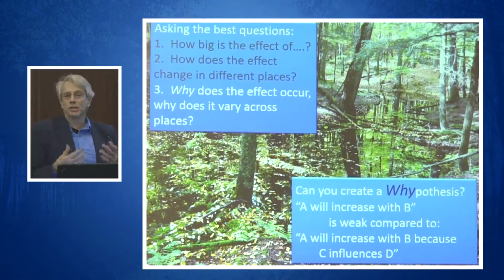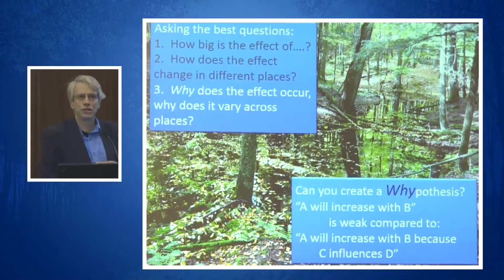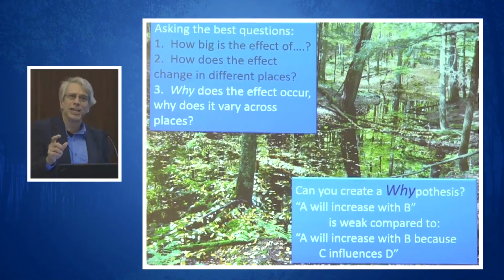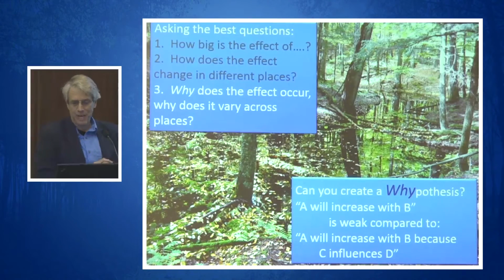So something that I suggest to students is thinking not just of a hypothesis that predicts what will happen, that nitrogen will increase under the presence of nitrogen-fixing trees, but turn that hypothesis into a why-pothesis. And so that would be something like saying that nitrogen fixation by the tree will enrich the soil more when soil phosphorus happens to be high, because the nitrogen fixing trees require more phosphorus than other trees.